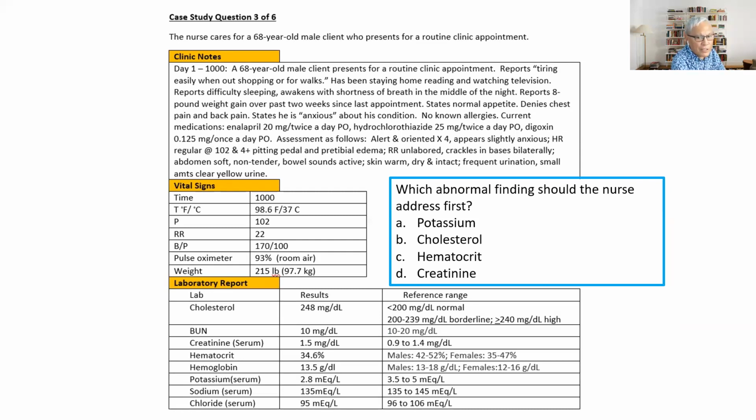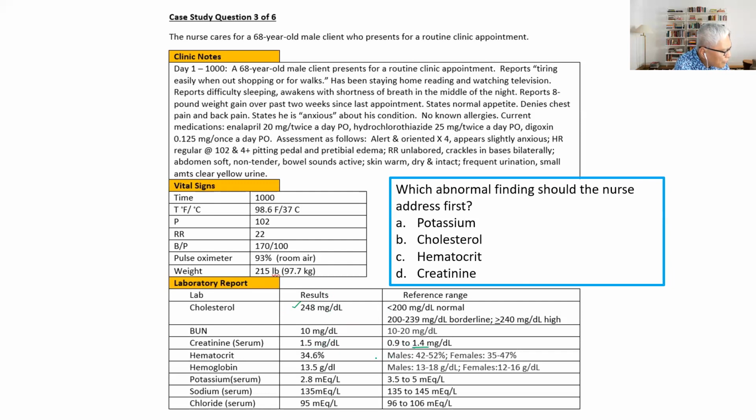Which abnormal finding should the nurse address first? Okay, so we have new labs. Cholesterol is 248, that's high. BUN is 10, that's normal. Creatinine is 1.5, that's very negligible.